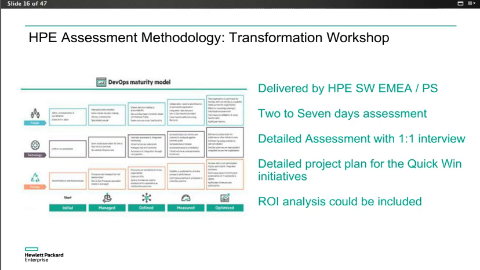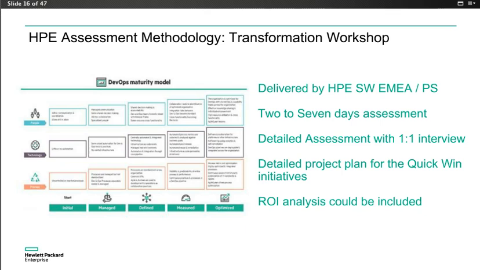This is really, really valuable, and I can recommend investing in that area. It costs the time of these stakeholders, and also of HPE consultants, but the return on this investment is really nice, and we can share with you some typical examples from companies that follow that structure.